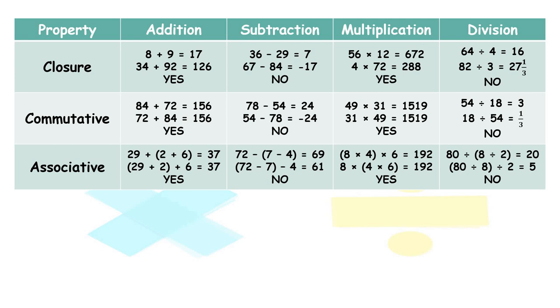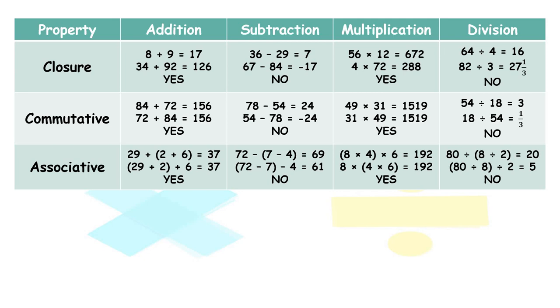Multiplication, yes, we will always get a whole number when we multiply two or more whole numbers. So whole numbers are closed under multiplication. And in division it is not always necessary that we will get a whole number when we divide two whole numbers. So whole numbers are not closed under division.